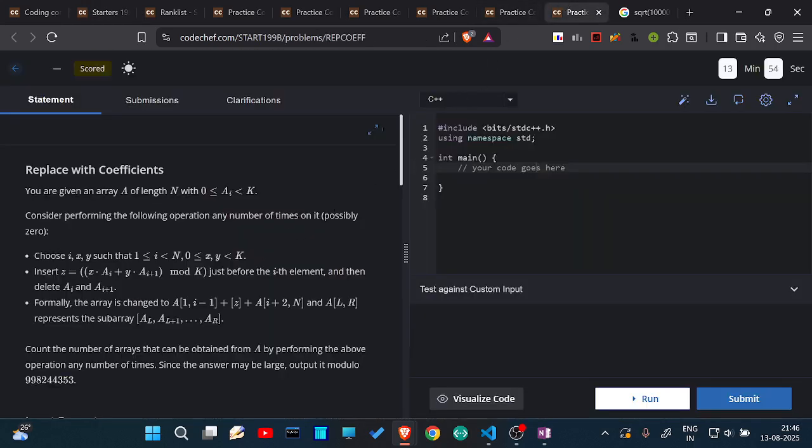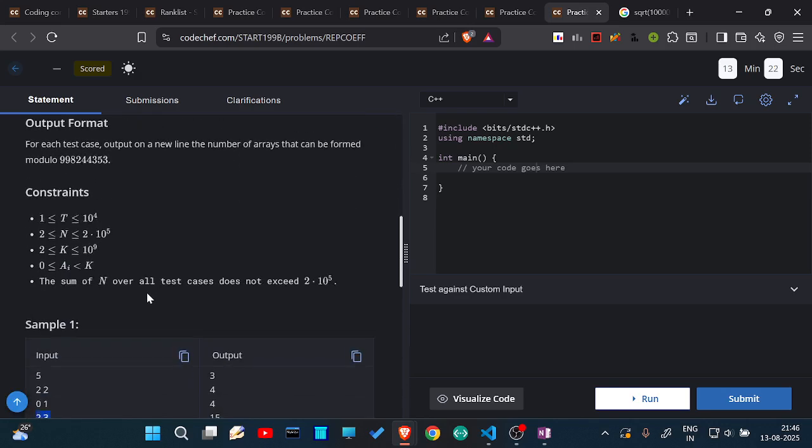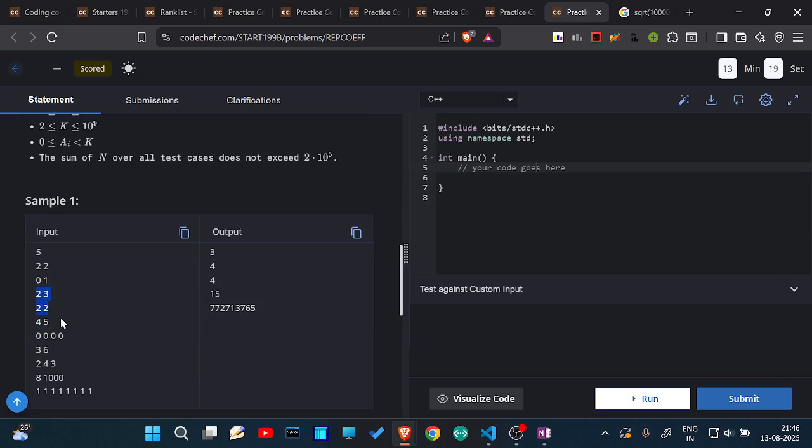I'm close with this, but okay. So there will be a difference.